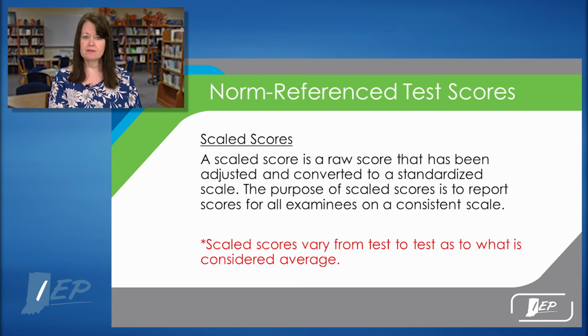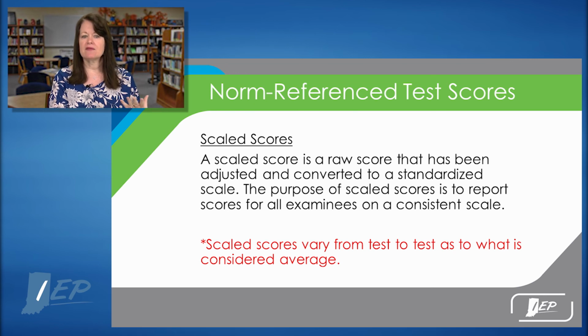Scale score is similar, but a very different set of numbers. So a scaled score takes the raw score and then adjusts it and converts it to a standardized scale.